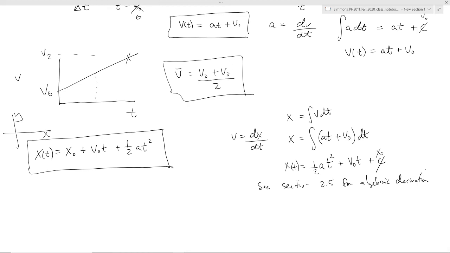But there's one more expression that we want to have in our toolbox that you'll find that you use all the time. And this one is really useful because it does not have time in it. And this expression is the following.